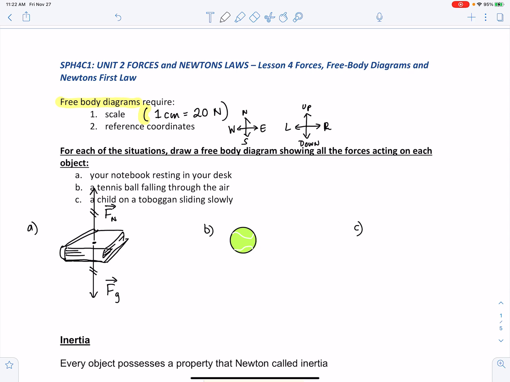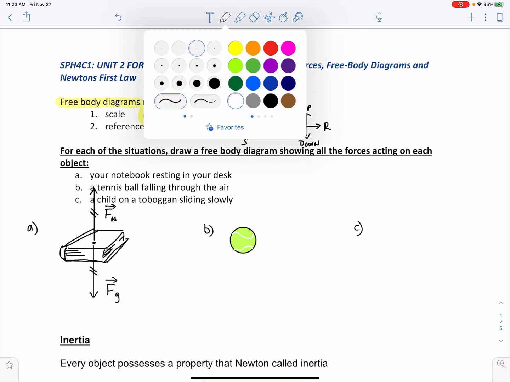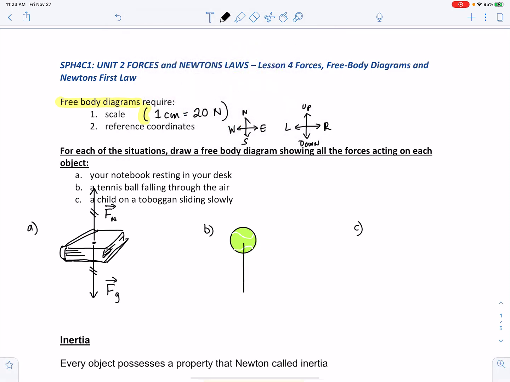And if it's falling through the air, we know that it's going to be traveling in the downward direction. What is causing it to fall? Well, the force of gravity is causing it to fall. Since it's not resting on a surface, there's no upward force or no normal force. The only force that's acting on this object is the force of gravity.